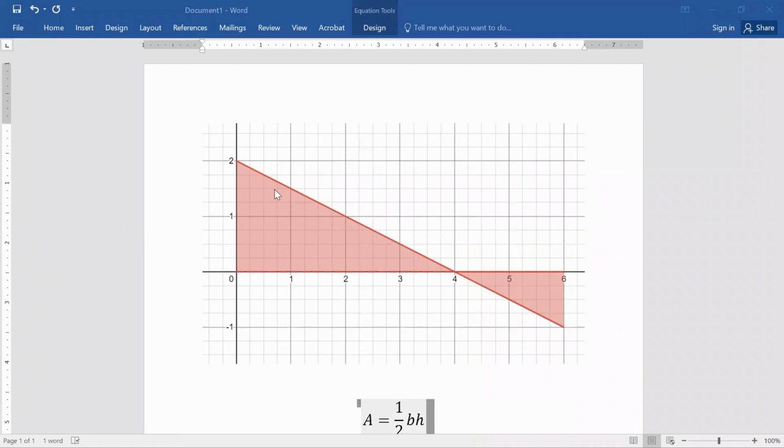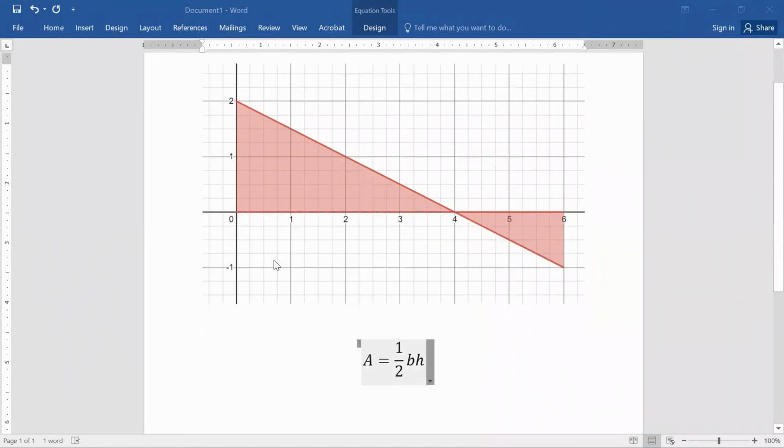Both of these shapes are triangular. I am going to do them separately. So I'm going to say the total area of the first triangle is 1/2 base times height. When I say first, I mean the leftmost triangle.